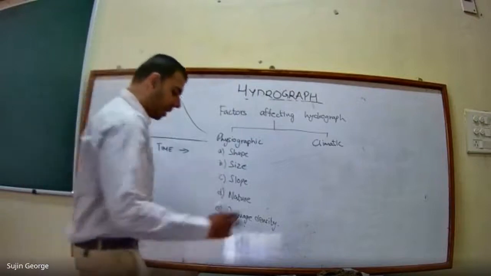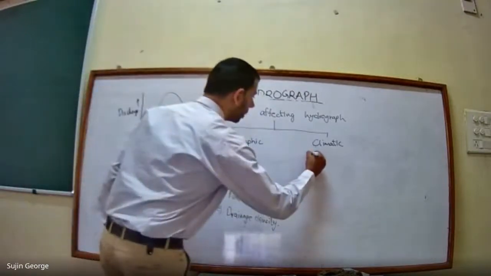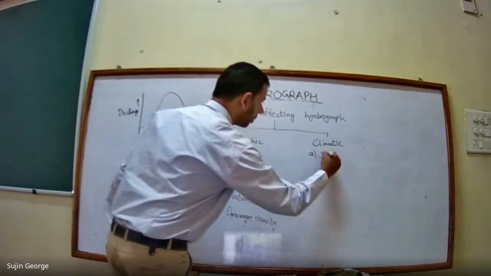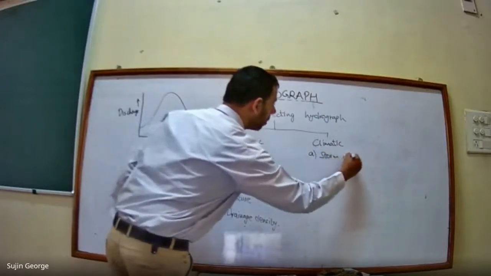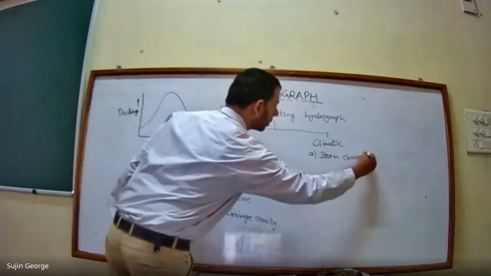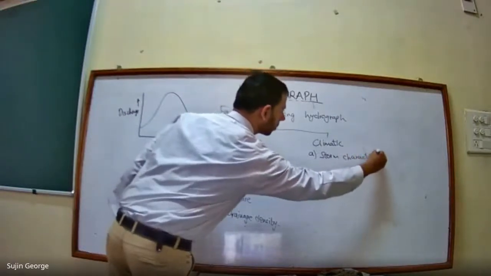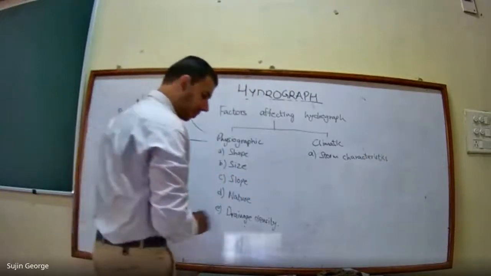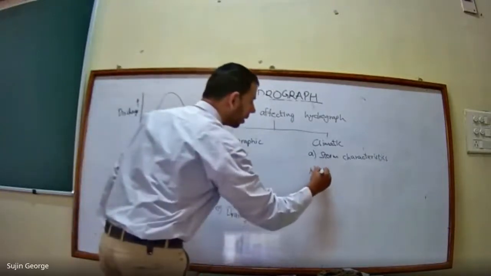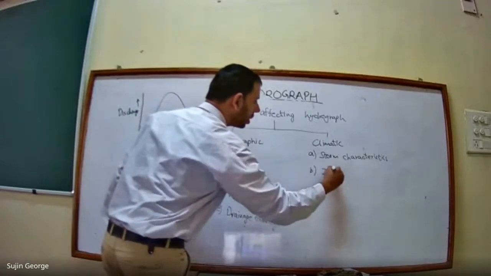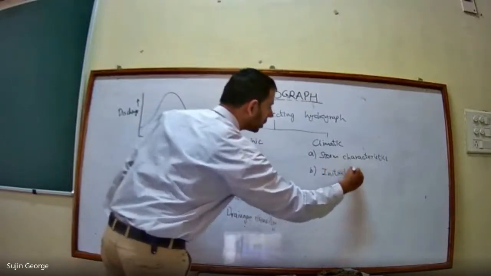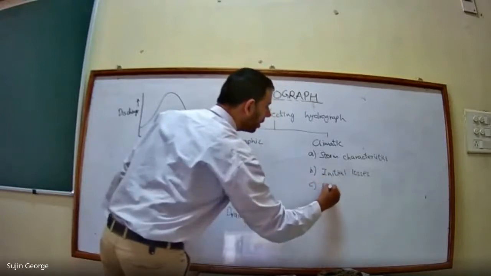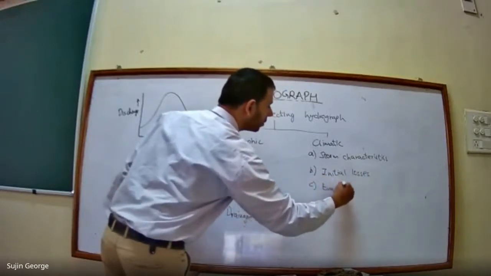Then in the climatic factor, there could be the storm characteristics, initial losses, and evapotranspiration.